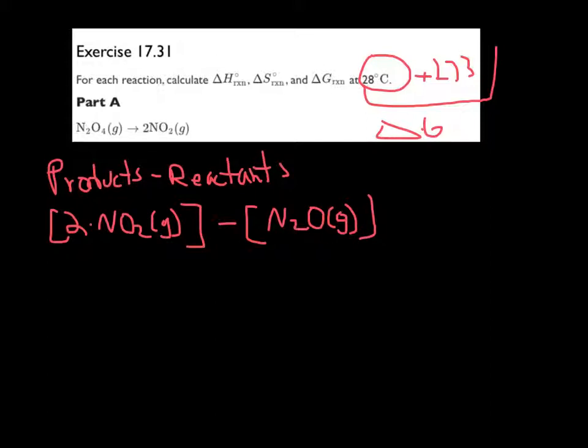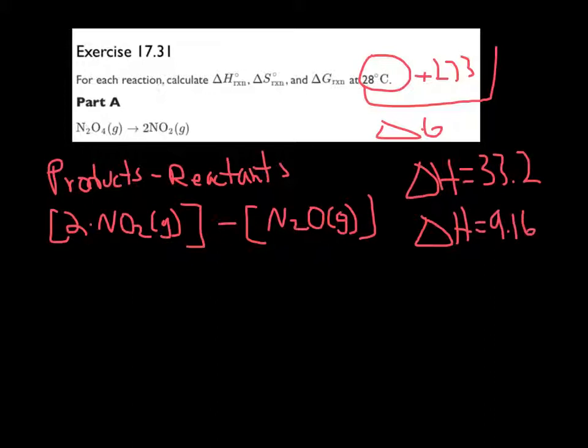Alright, so now we plug in the values. For me, I have delta H equals 33.2, sorry, this is for NO2, and delta H equals 9.16, and this is for N2O4. So here we go.